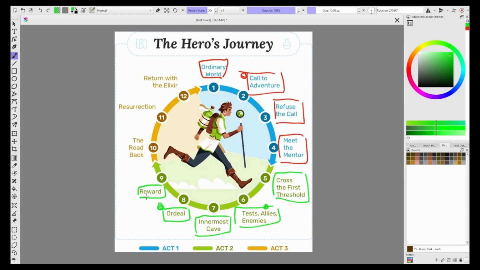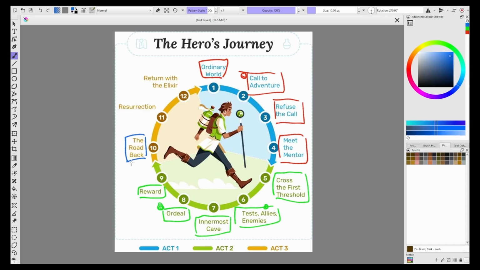A lot of the time it is a physical object in fantasy stories that they've finally gotten a hold of. But this is only the end of Act 2, so this is where they've overcome that last massive ordeal and they think, well, all's well and good, now we just have to go home. Which brings us into Act 3, the road back.